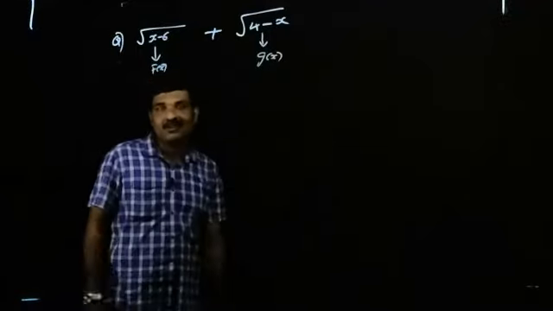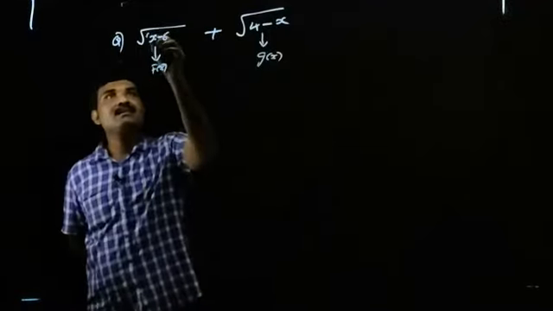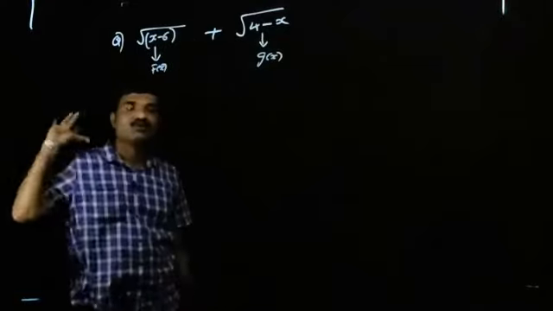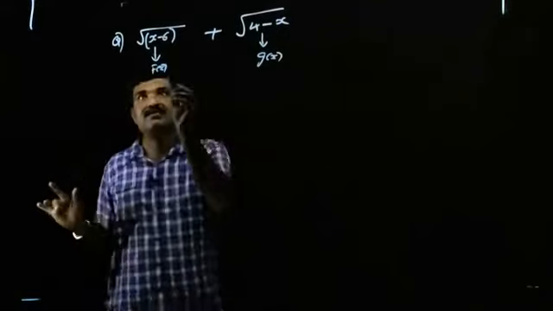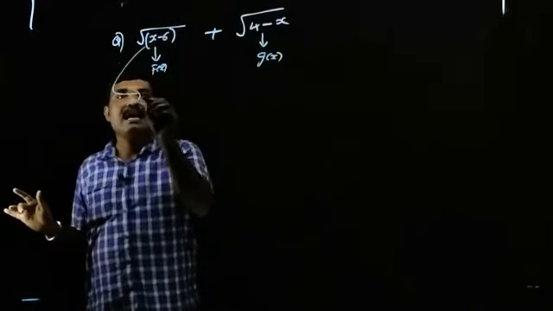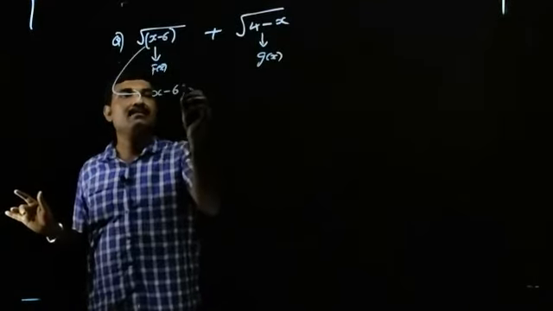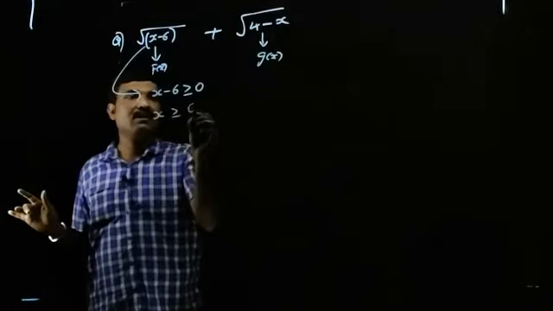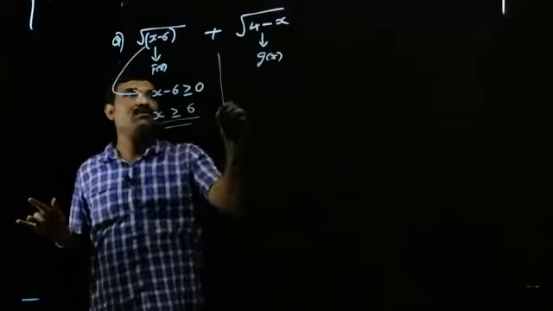Now we know that x minus 6 is inside the square root, and anything inside the square root should be a non-negative quantity. So x minus 6 is greater than or equal to 0, so x is greater than or equal to 6 for f of x.